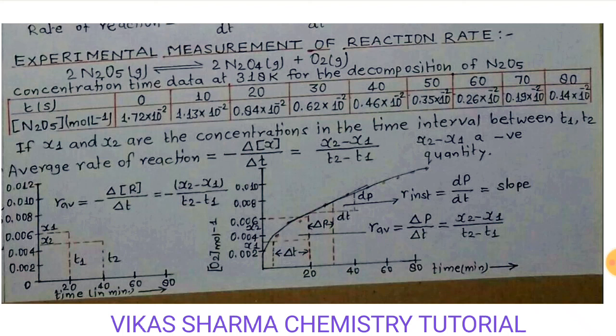For example, if you want the rate of reaction from 0 to 10 seconds, then 10 is t2 and 0 is t1. 1.12 into 10 to the power minus 2 is x2 and 1.72 into 10 to the power minus 2 is x1. So by this simple method you can calculate the instantaneous rate or average rate of a chemical reaction.